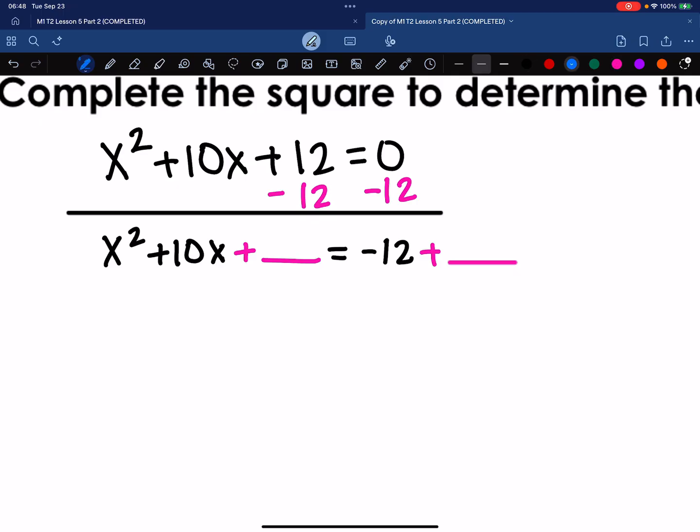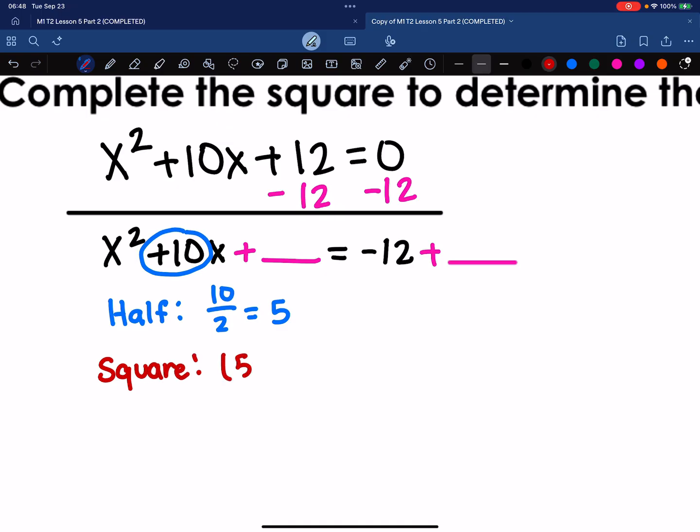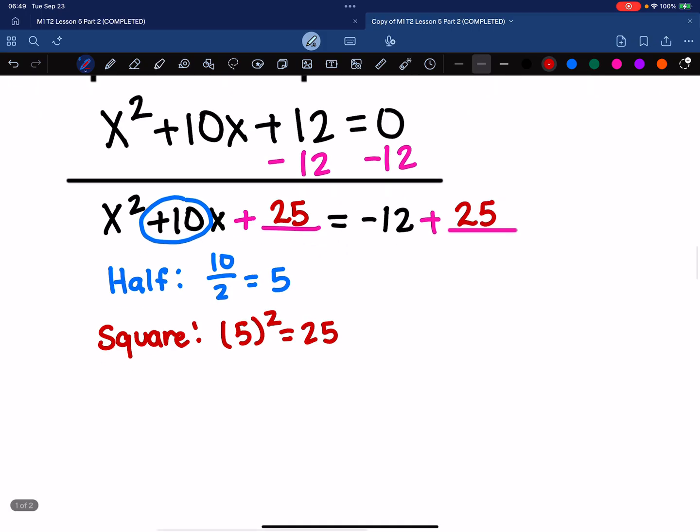So we take this b term right here, and we cut it in half. Half of 10 is 5. After we cut it in half, we square that 5 to get 25. That is our magical number that goes here and here.